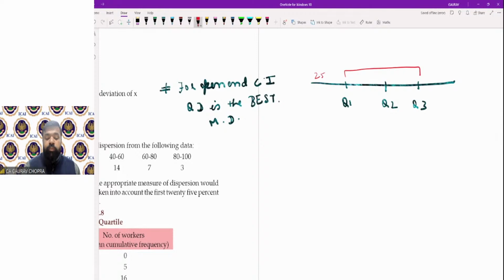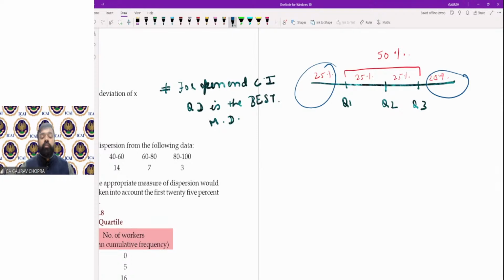So each and every portion have 25% of observation. एंड हमें यहाँ पे Q1 और Q3 ही चाहिए. सो वी नीड ओनली मिडल 50% ऑफ ऑब्जर्वेशन. क्वार्टाइल डेविएशन इज बेसिकली बेस्ड ऑन मिडल 50% ऑफ ऑब्जर्वेशन. स्टार्टिंग के 25% से कोई मतलब नहीं है, लास्ट के 25% का भी कोई यूज नहीं है.